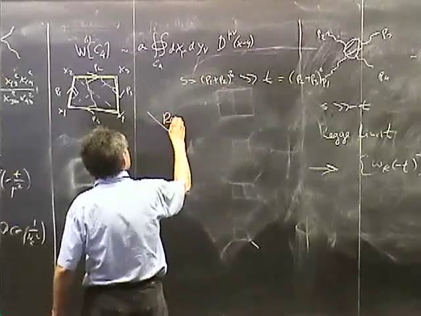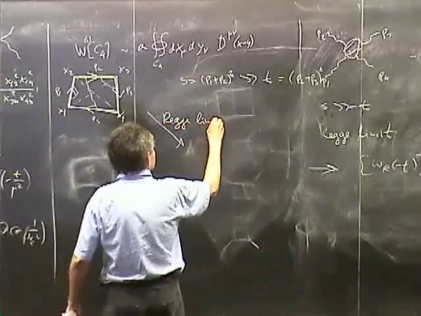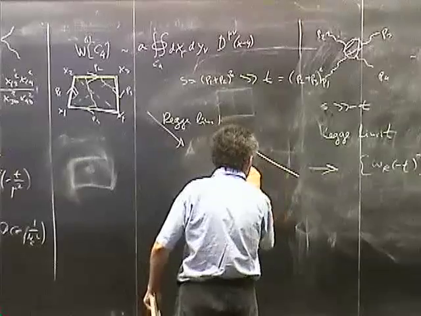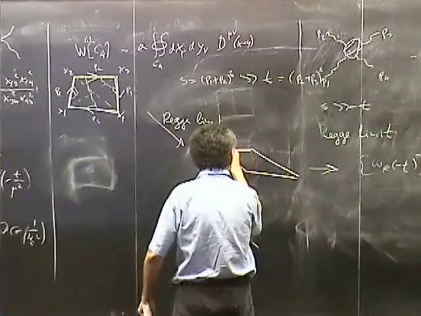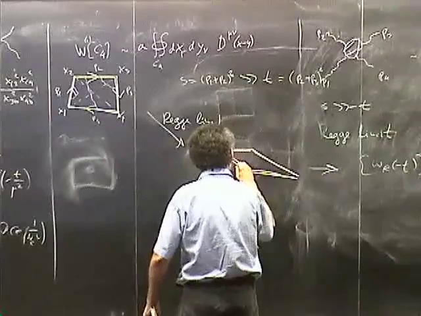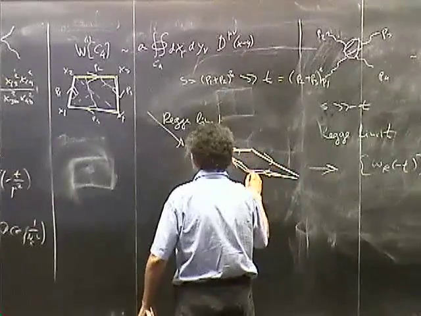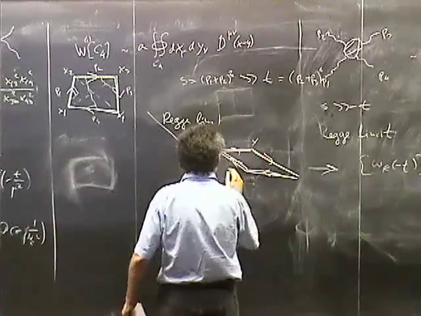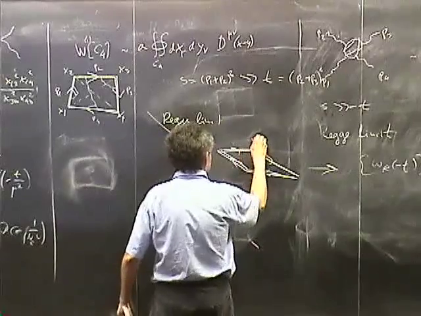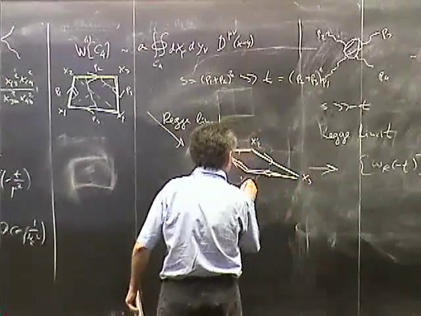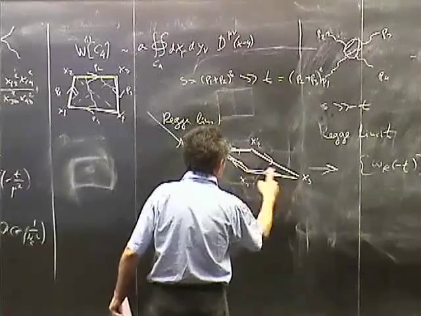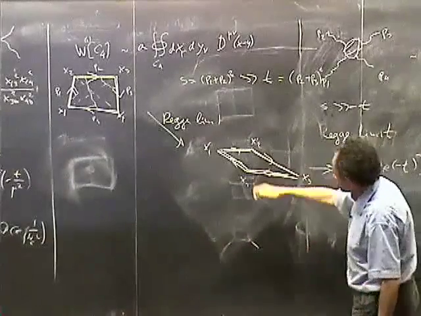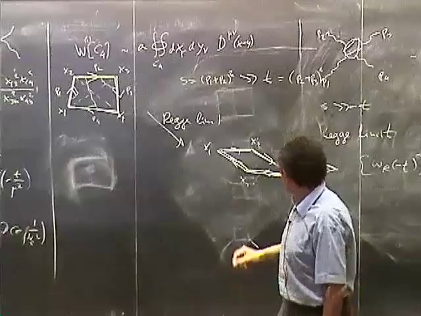If you go to the Regge limit, you will deal with an object like this: x1, x2, x3, x4. This will be S, this will be T, and here we're dealing with a Wilson loop which is squashed in this direction. Here S is x1 to x3.